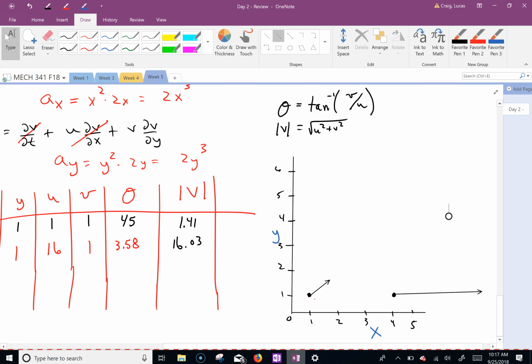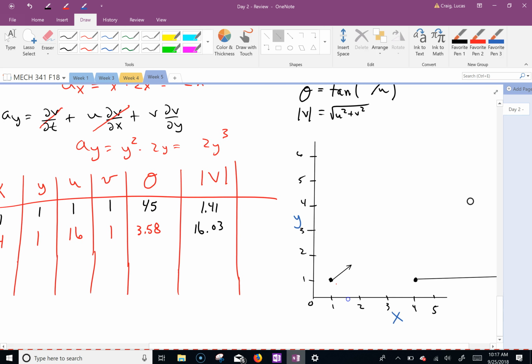Now, when you do this, just make sure this is definitely going to be longer than that and at a smaller angle. But that's how you do that. Does that make sense? I'd probably have you do 3, maybe 1,1, 4,1, and 1,4, so you get an idea. That makes sense, right?